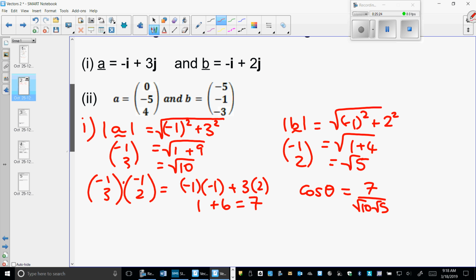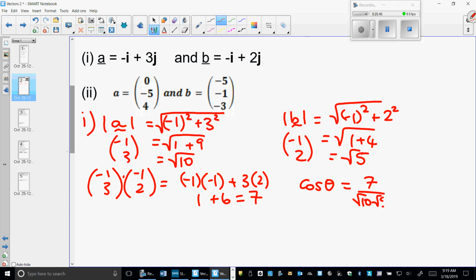It just becomes root 50, which probably does simplify. But just so you know, that can be written as cos theta equals 7 over root 50.